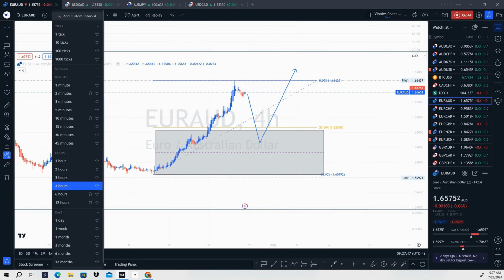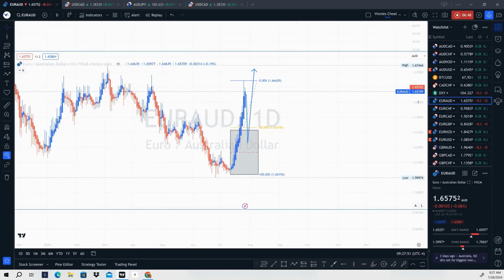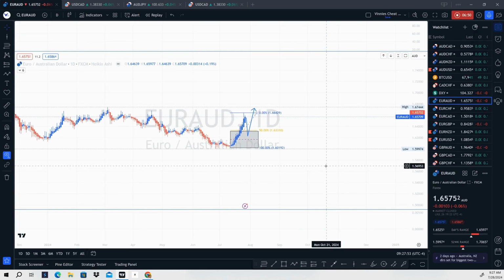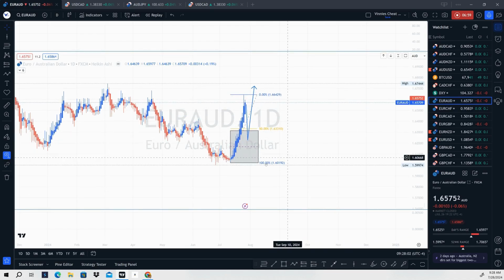Because again, the daily time frame rules everything below it. Weekly time frame rules everything below it. Monthly time frame rules everything below it. Okay. So on the daily, we're looking for price to push back into this area here, somewhere in this area, and then we'll be looking to buy Euro AUD.